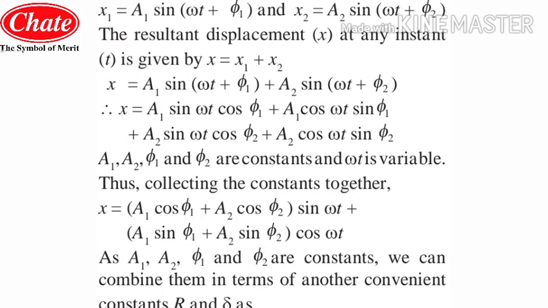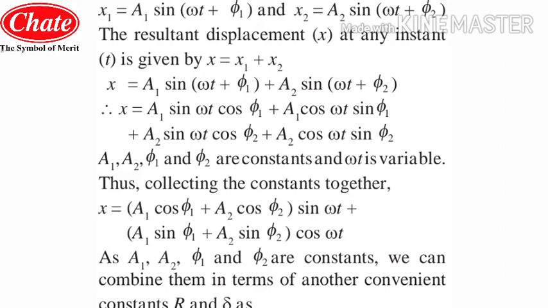Now students, the displacement equation for the first particle performing SHM will be, as you can see here, x1 is equal to a1 sine of omega t plus phi 1. At the same time, particle 2 performs SHM, and the displacement equation for the second particle will be x2 is equal to a2 sine of omega t plus phi 2.